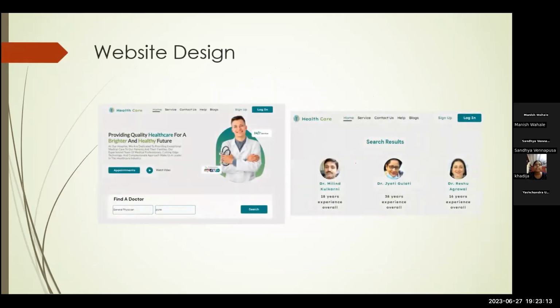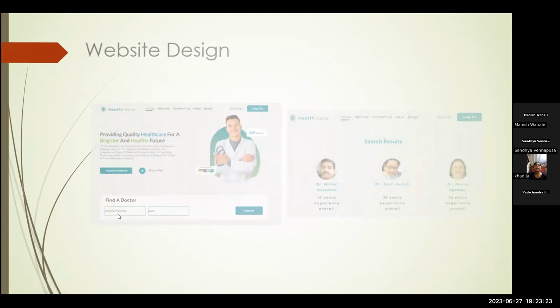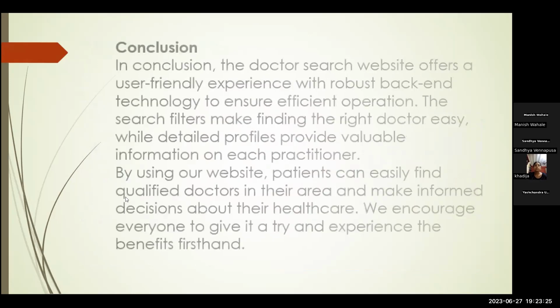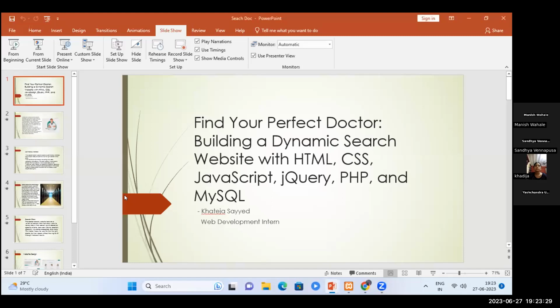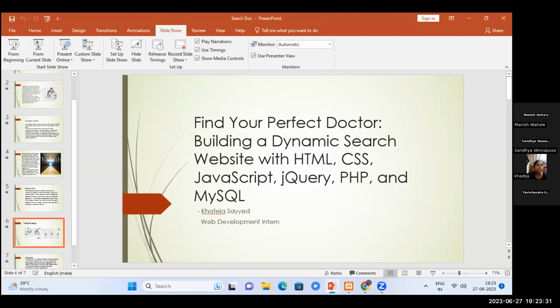This is the website design. The first image is the home page, where this is the doctor search frame. Just a second, sir.